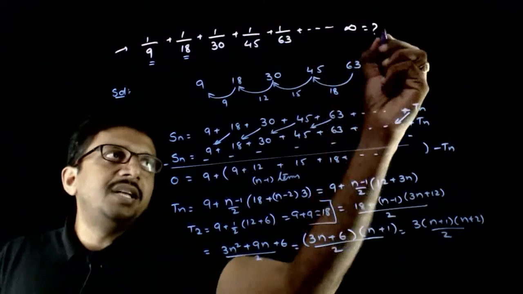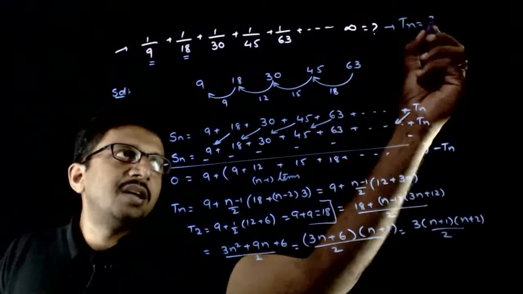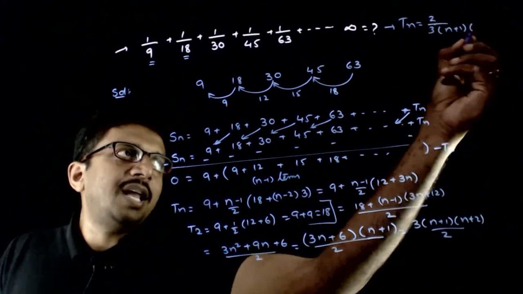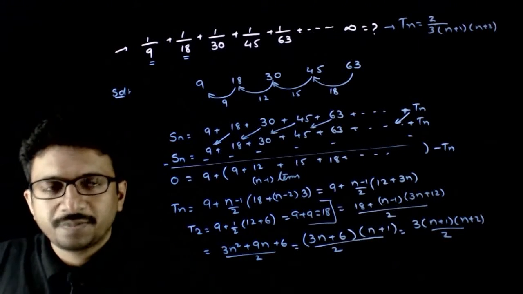Now the nth term of this sequence will become 1 by this, that is 2 by 3 times 1 by n plus 1 into n plus 2. That is the nth term of this sequence.